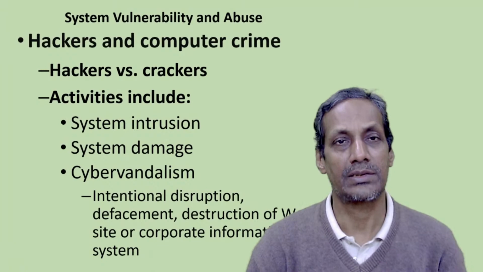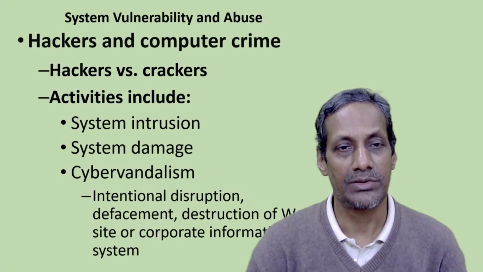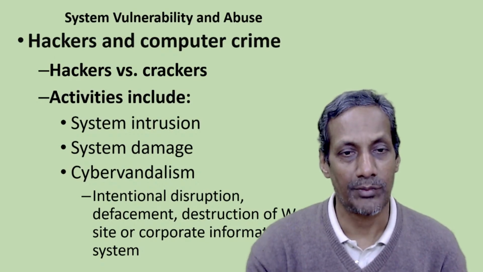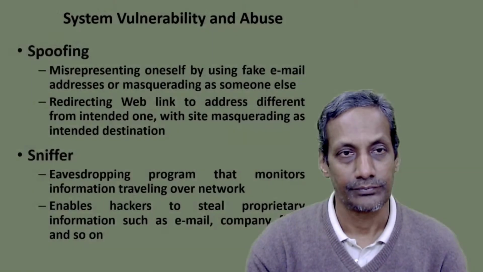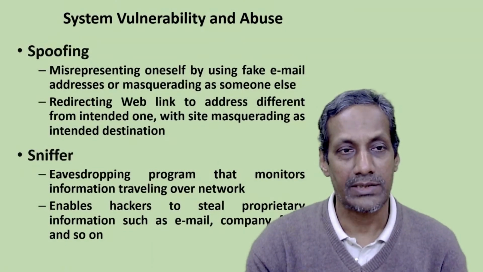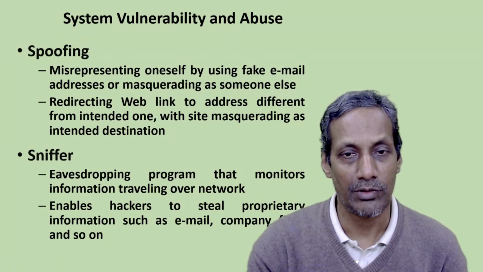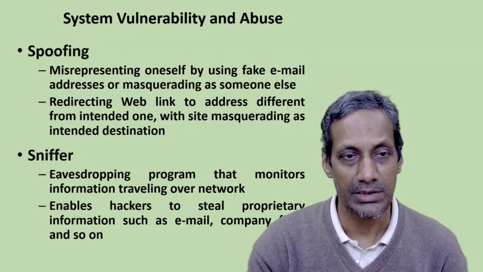Many activities such as system intrusion, system damage, and cyber vandalism are common hurdles that you will face as an information systems manager in order to run the so-called information system function. Spoofing and sniffing, like eavesdropping programs that monitor information traveling over networks, can hamper your work on computer-based information systems.